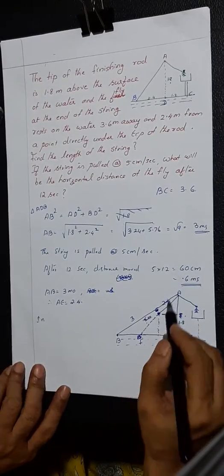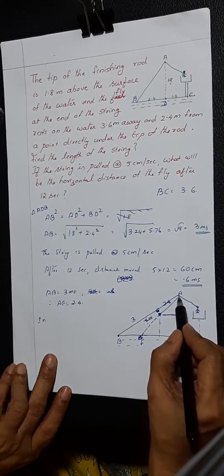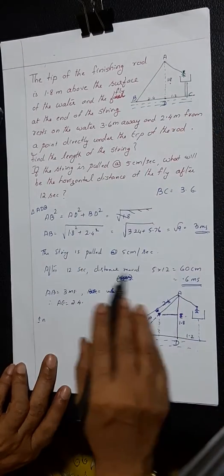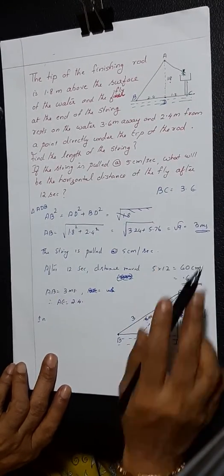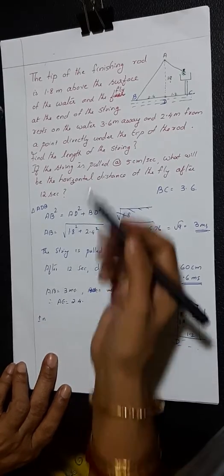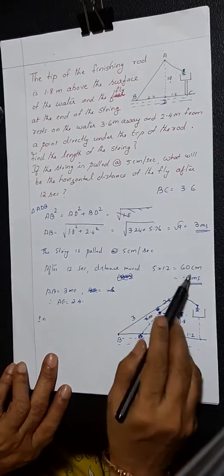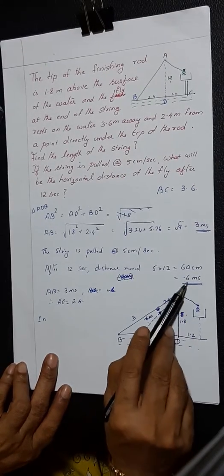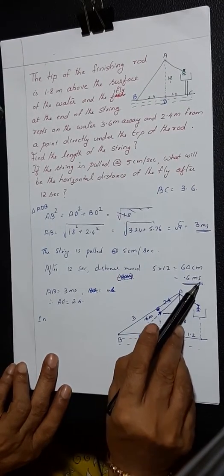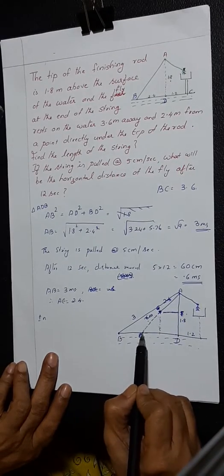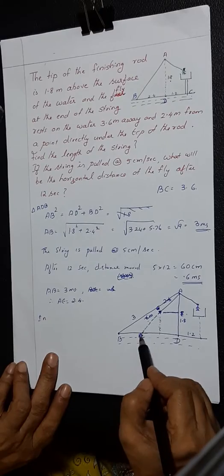I will explain it again. Here the girl is sitting, AB is the total length of the string we have found, and now she is pulling the string back. In 12 seconds she has pulled 0.6 meters. The string has come to this position because its length has reduced.